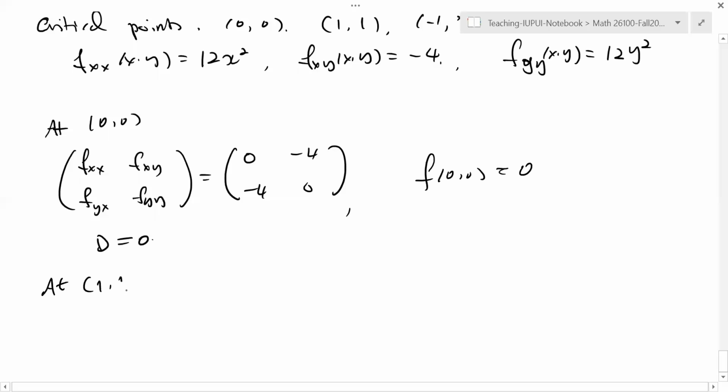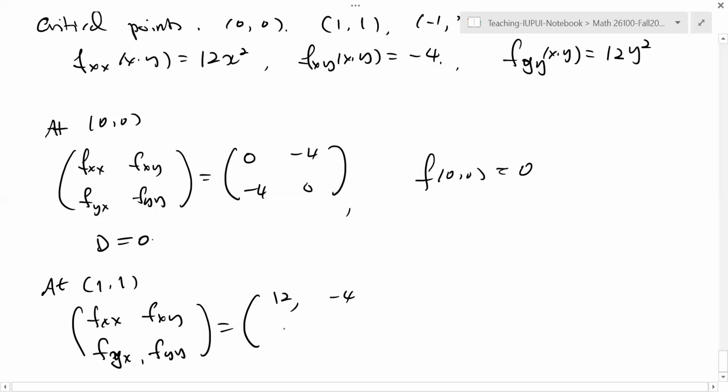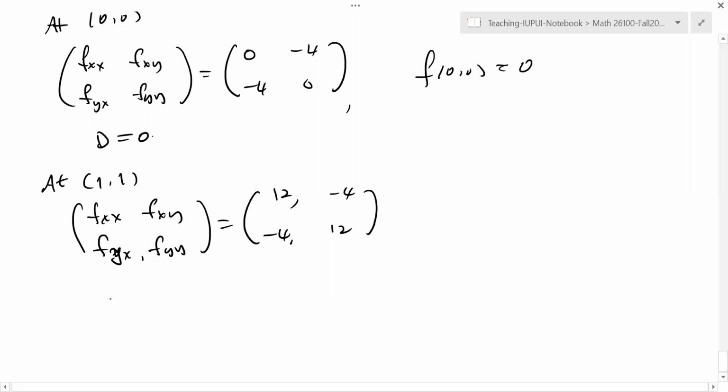At the point 1, 1, I got 12, negative 4, negative 4, and 12. So let's look at the determinant. The determinant of the matrix is 12 squared minus negative 4 squared.